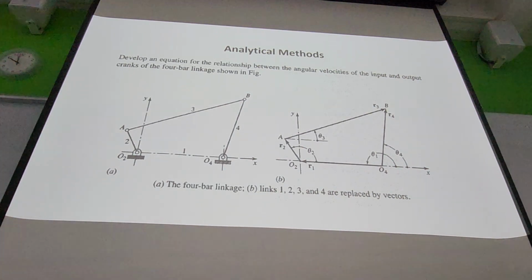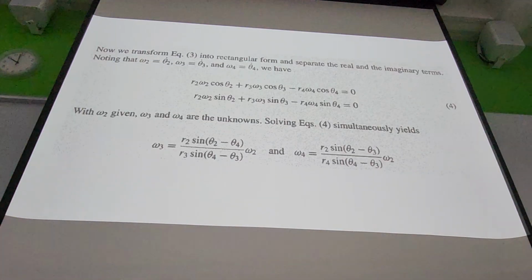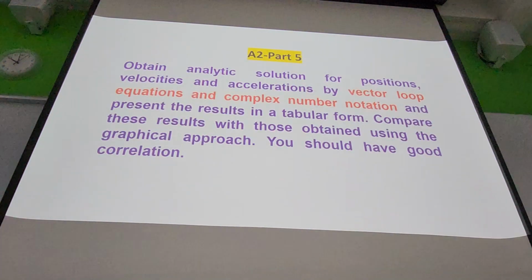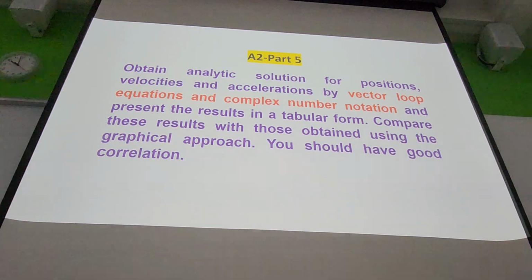So this is how, in a simple case, you can derive the omega 3 and omega 4 expressions. Basically we use the vector addition of all the position vectors to 0 and then use complex notation to derive the required equations for velocities, and later once you know velocities, you can find out accelerations. For all the points on the mechanism, we can apply this.